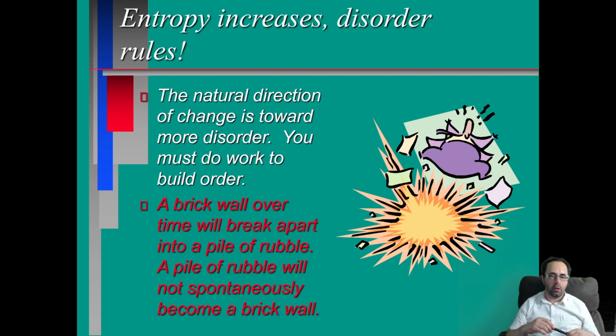And if you have a reaction where entropy is decreasing, like the construction of your own body, there's going to have to be very exothermic reactions associated with it to make the reaction occur spontaneously or naturally. The word your book uses instead of natural, again, is spontaneous, right? Spontaneous, what occurs on its own.